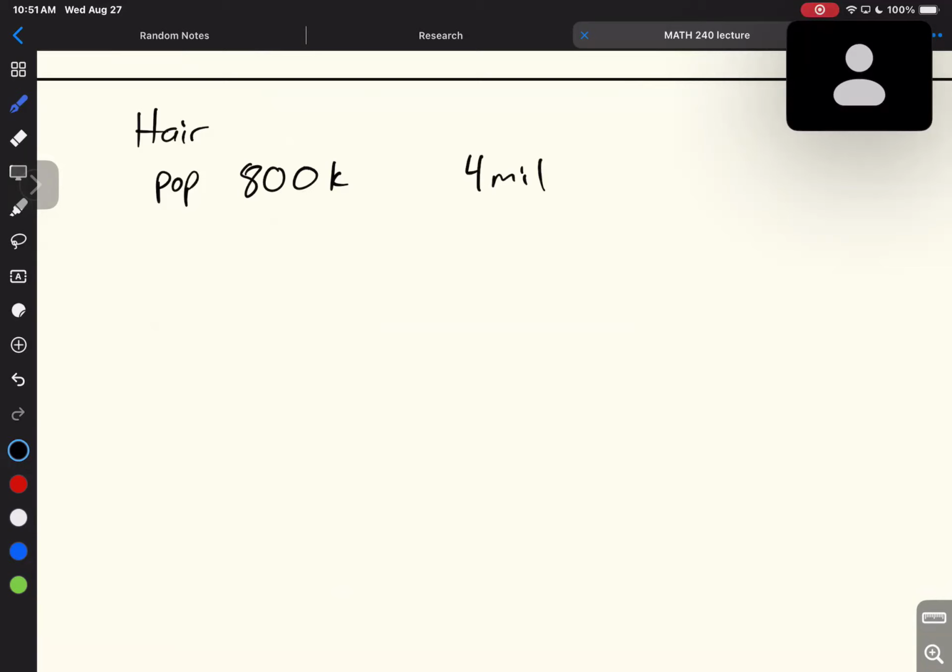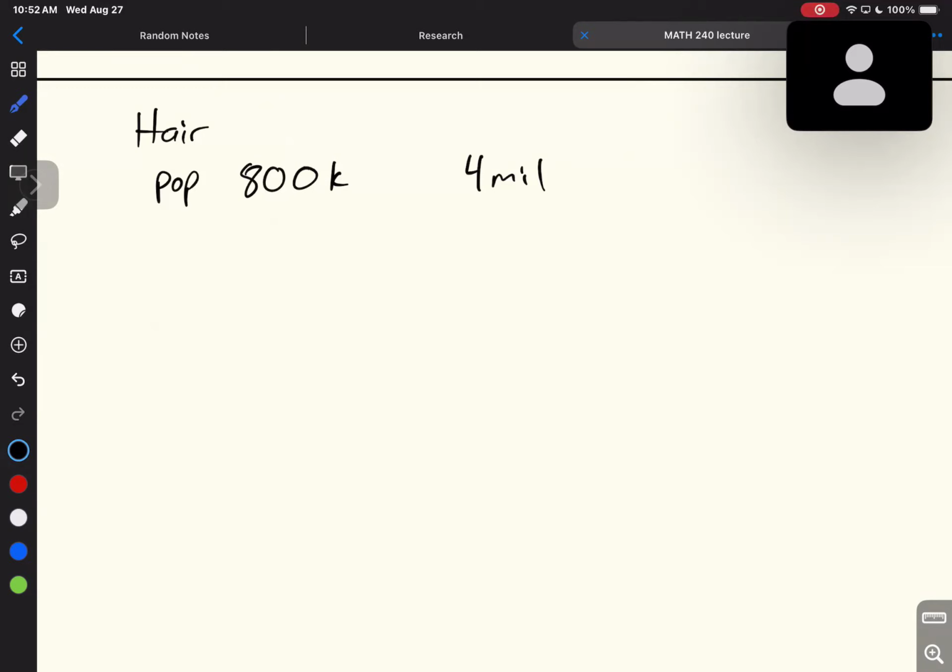When you're reading through the textbook, I find it hilarious where they're like, suppose that half of a human head is covered with hair, the radius is 6 inches, and it's assumed to be spherical.